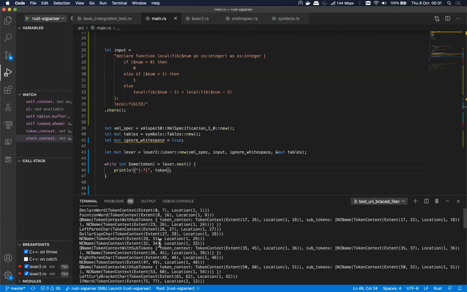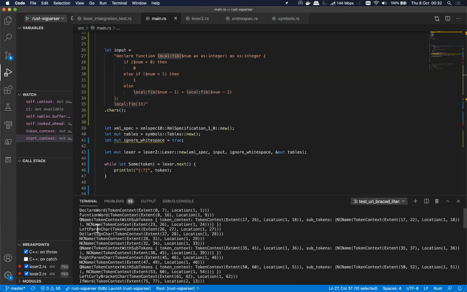Okay, and as you can see down here, it's dumped out the tokens one after another. For example, at the top of our query, we have declare, then function, and then a QName. So here we have declare word, because this is a word, then function word, and then the QName, and this goes on and on.